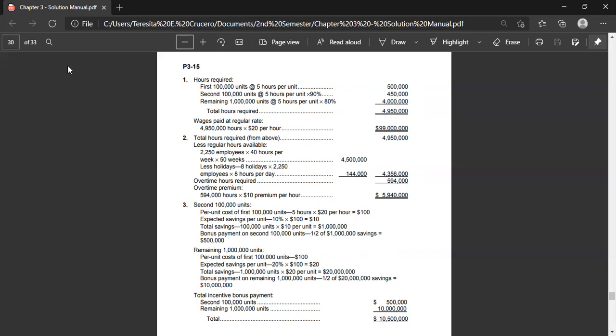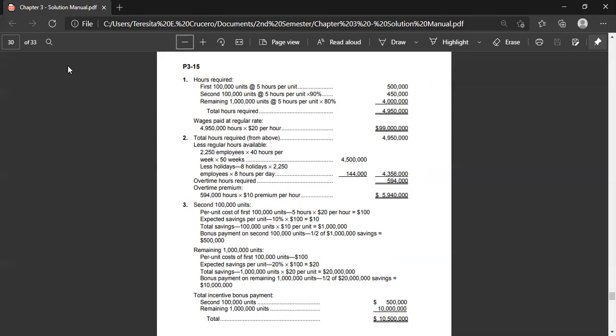So the first 100,000 units will require 5 hours per unit. The second 100,000 units will require less labor due to the skills learned on the first 100,000 units finished. It is expected that the labor time will be reduced by 10% if an incentive bonus of one half of the labor savings is paid to the employees.